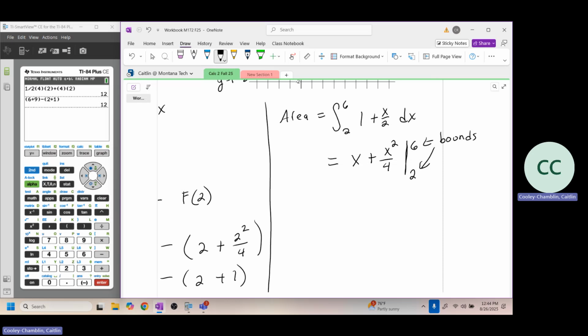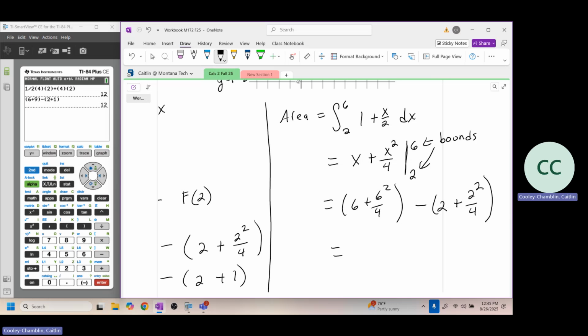So then we're going to plug in our biggest number. So that equals 6 plus 6 squared over 4, minus the function, our antiderivative, evaluated at our lower number, which is 2 plus 2 squared over 4.